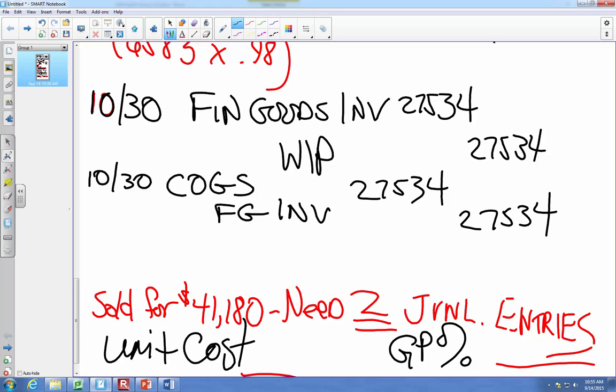Move it out of my inventory onto my P&L. Debit or credit? Really? This one was revenue. What's my debit when I sell something on account, Jordan? Yeah.